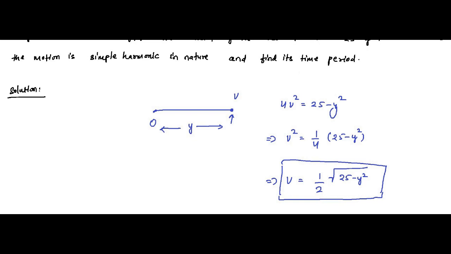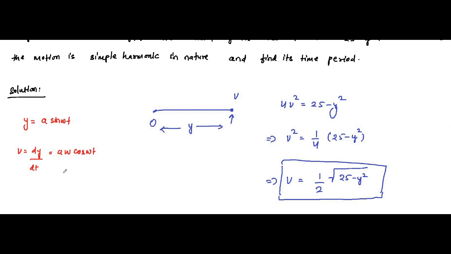Now let us consider simple harmonic motion. Let's say we have a simple harmonic motion given by y equal to a sine omega t, starting from the mean position with 0 initial phase. This is the instantaneous position. Velocity is equal to dy by dt, which is equal to a omega cos omega t.